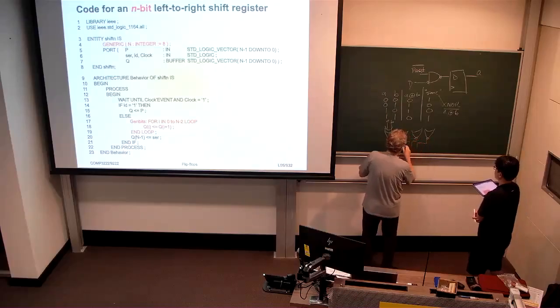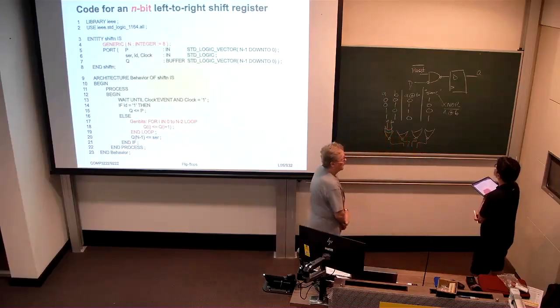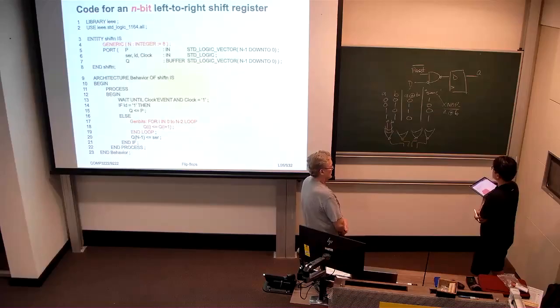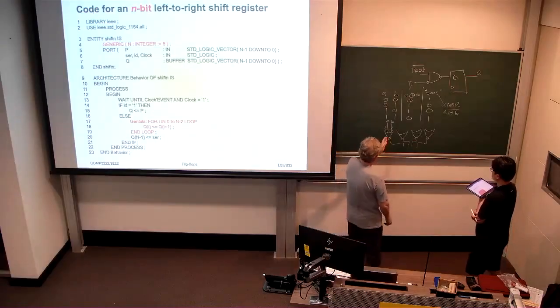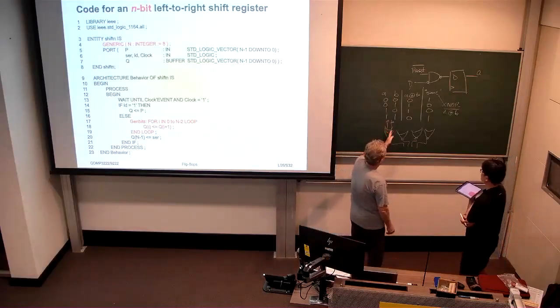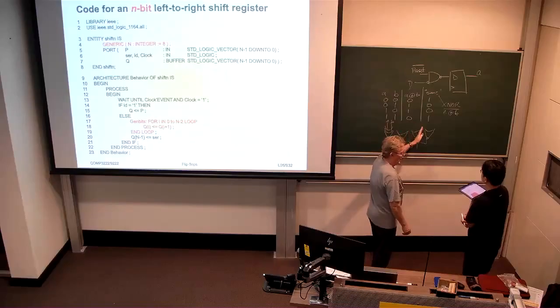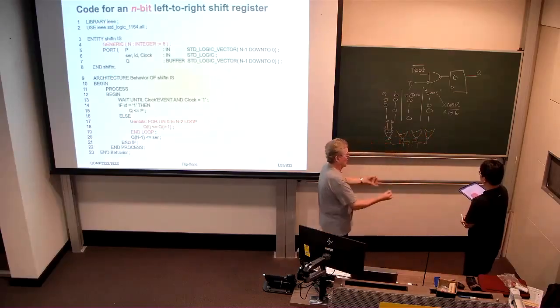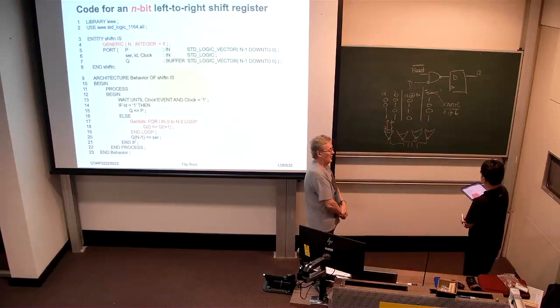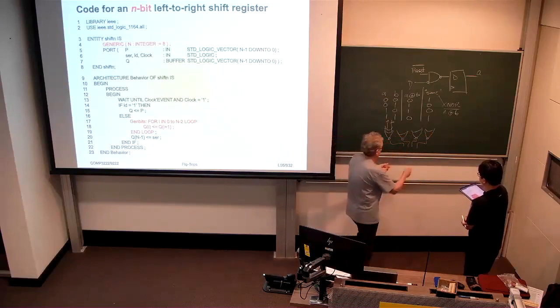How are you going to wire them together? What joins them together? So we want this one to be 1, this one 1, that one 1, and that one 1. Yep. So what would tell us that all of them are 1? An AND.